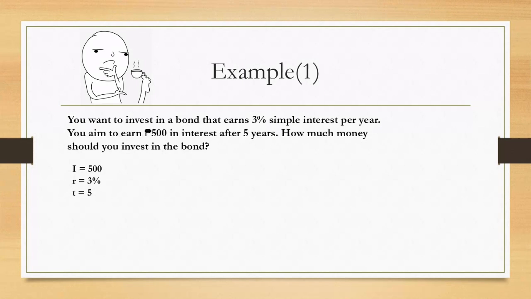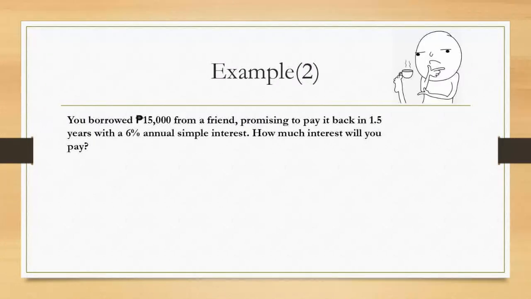Now let's check if our computation is correct. P is equal to I divided by R times T, 500 divided by 0.03 times 5. Okay, so we can see that it is 3,333. So we are correct.